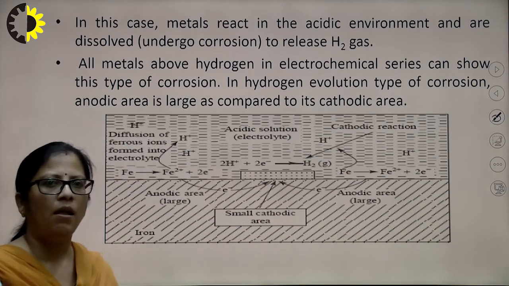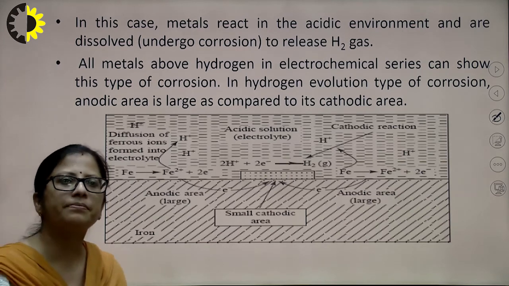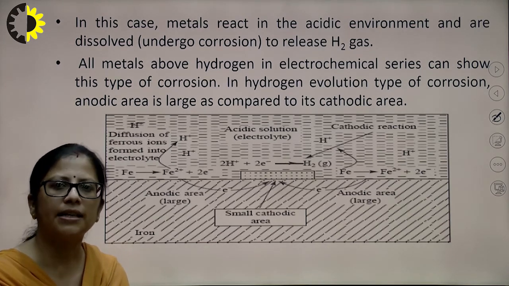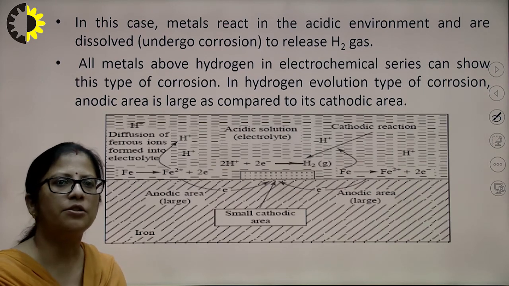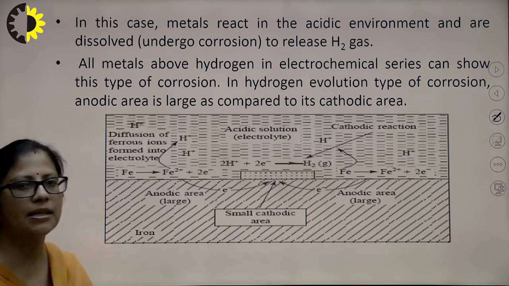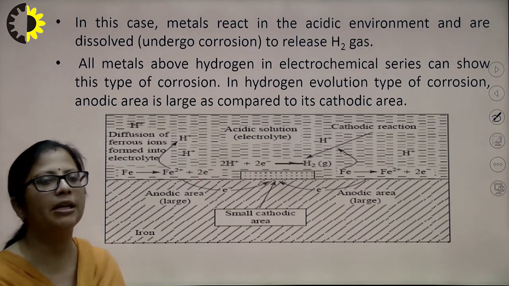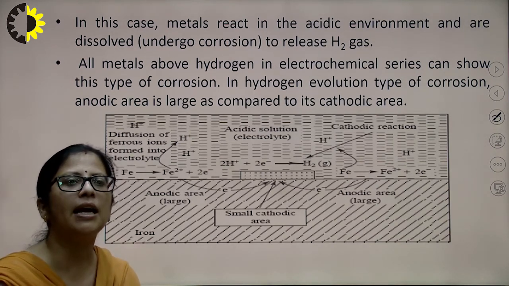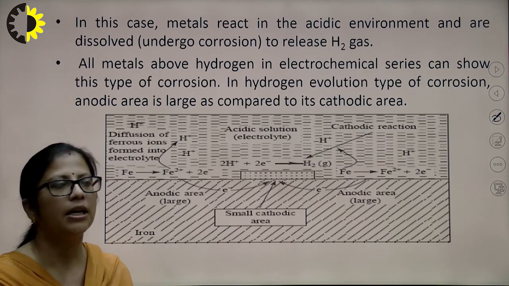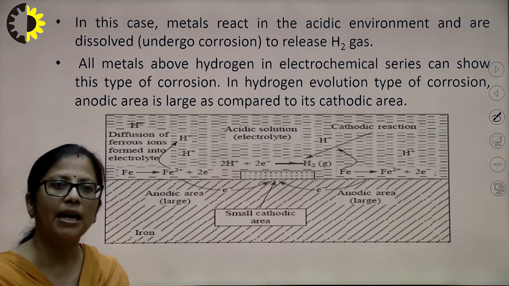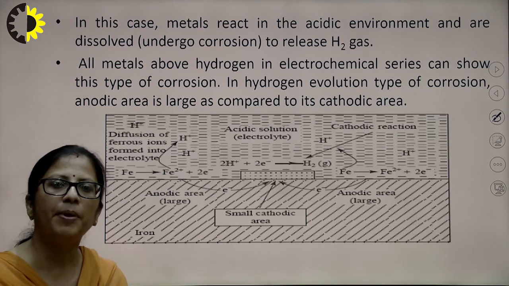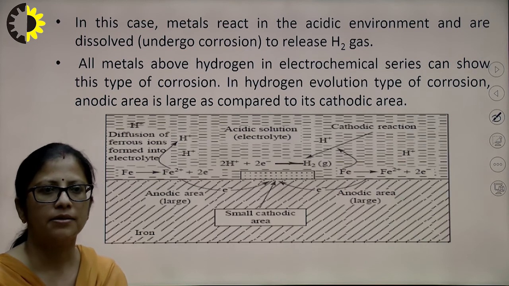Here I am showing how the metal reacts in the acidic environment and is dissolved to release H2 gas. All metals above hydrogen in the electrochemical series can show this type of corrosion. In hydrogen evolution corrosion, the anodic area, that is the metallic area which is being dissolved, is large as compared to its cathodic area.